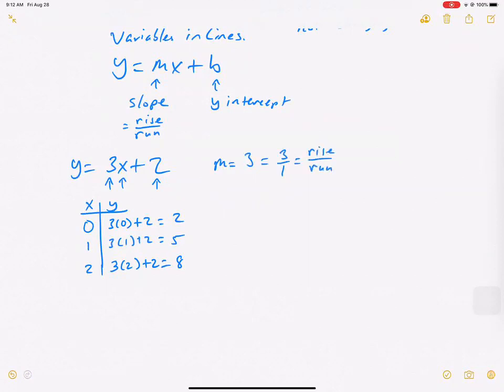Please be aware that rise reflects a y change. When you move your hand up and down, that's a y change, right? And that's really what we're referring to. And if I say run, that's an x change.